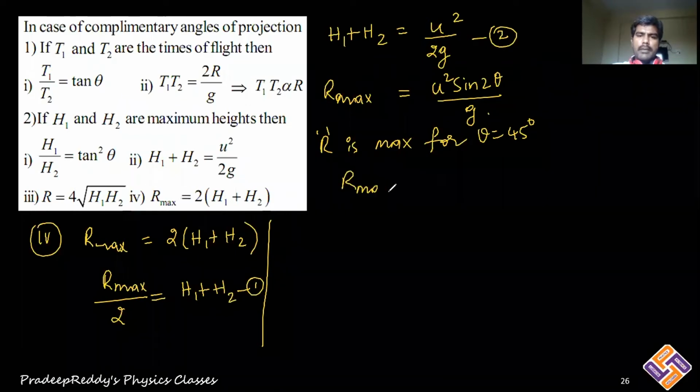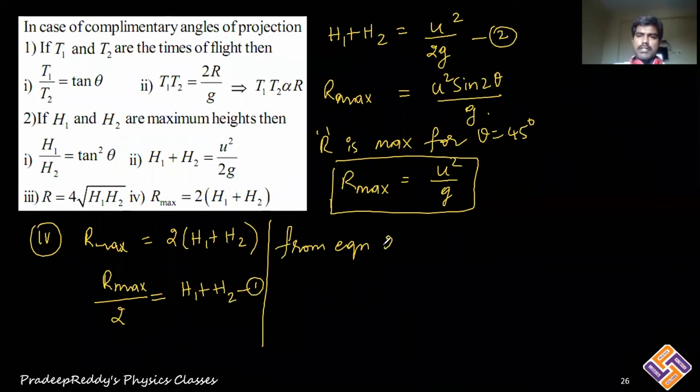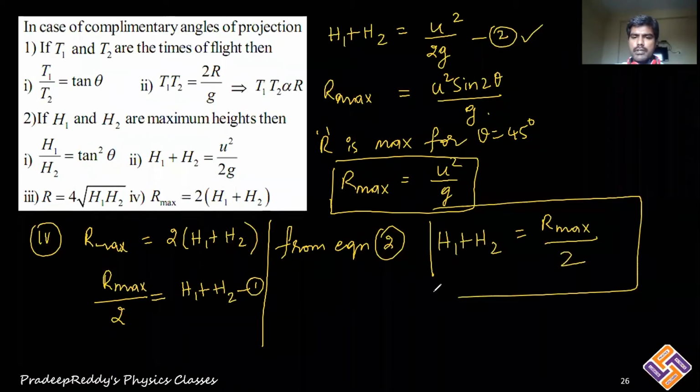So r maximum is equal to u square divided by g. Now from equation 2, h1 plus h2 is equal to u square by 2g. U square by g is r maximum, and what remains is the 2. So h1 plus h2 is equal to r maximum by 2.